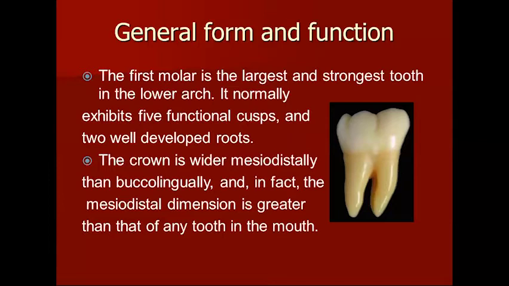It normally exhibits 5 functional cusps and 2 well-developed roots. The crown is wider mesiodistally than buccolingually, and in fact, the mesiodistal dimension is greater than that of any tooth in the mouth.